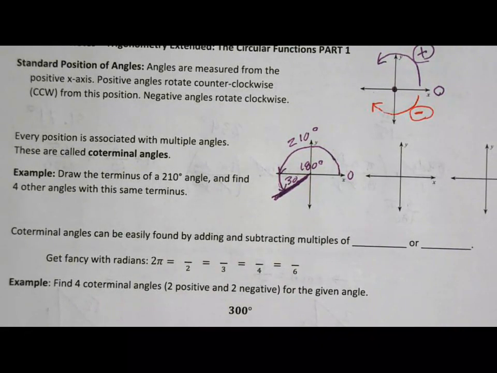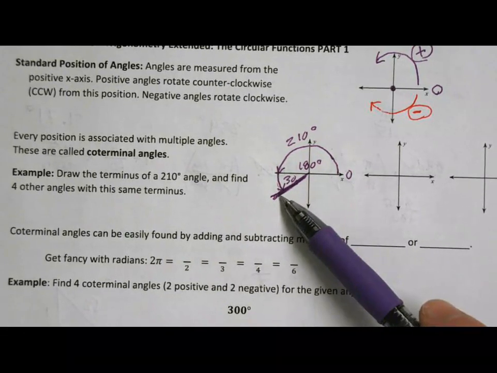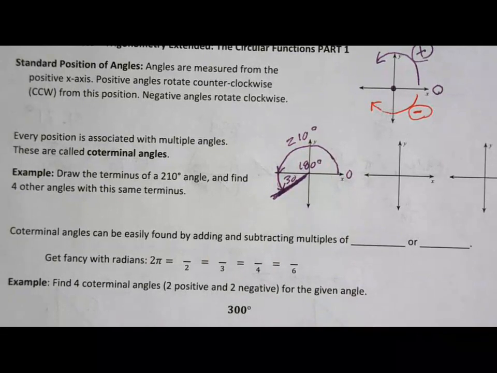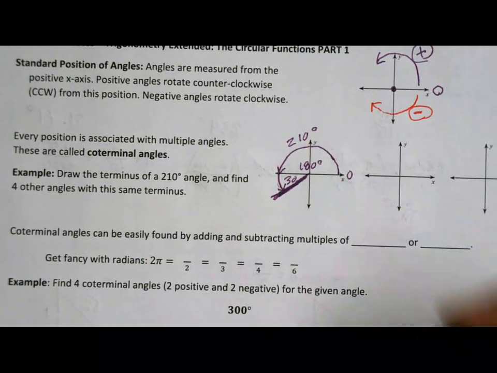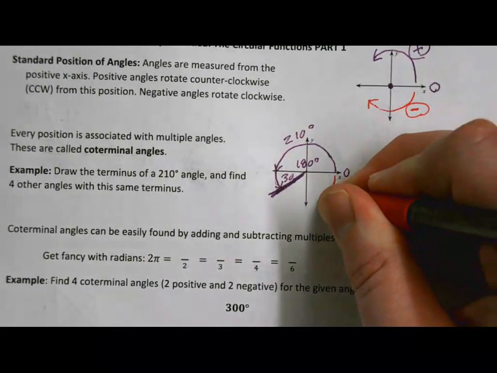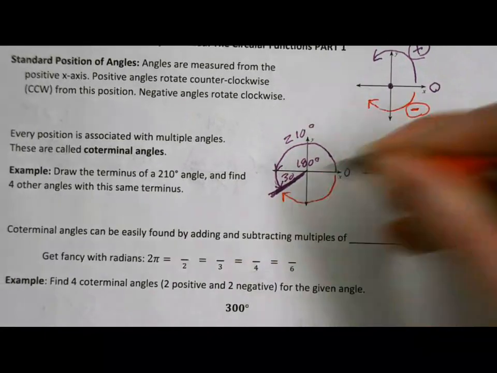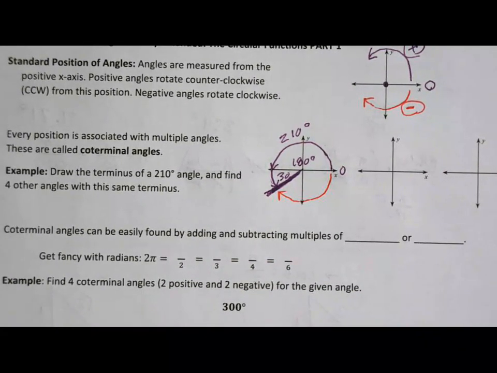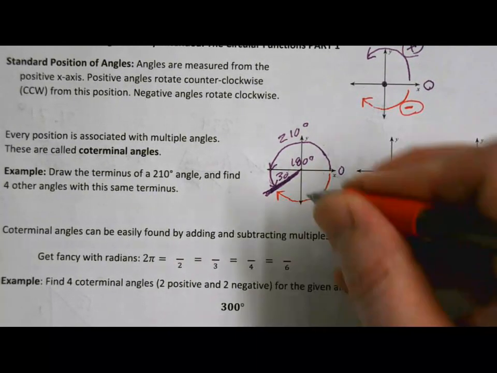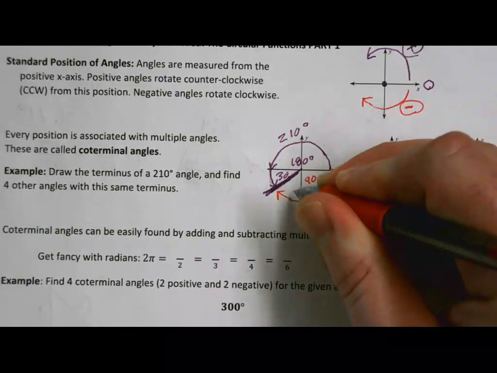Now, that is not the only name for this line, 210 degrees, because we could have gone the other direction. We could have started here at 0 and gone this way instead. If we did that, we would be going in the negative direction. How far would we have had to go in this case? That's 90 plus another 60.